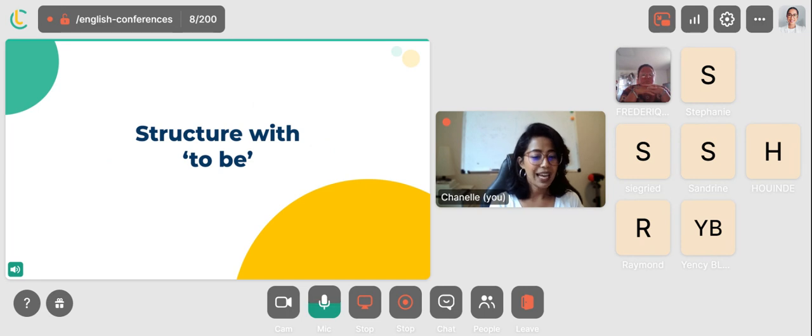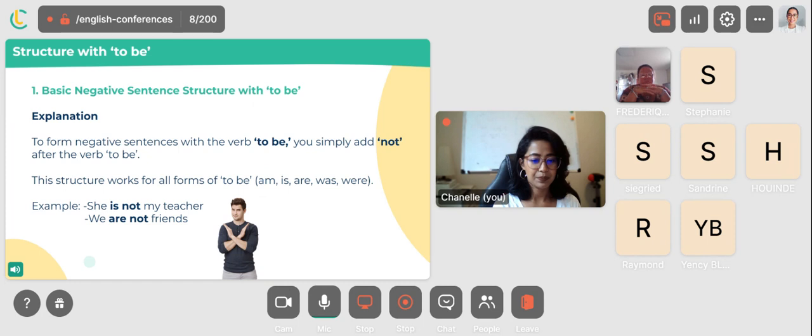So let's look at the structure with the verb to be. Basic negative sentences structure with to be. To form negative sentences with the verb to be, you simply add not after the verb to be. This structure works for all forms of to be.